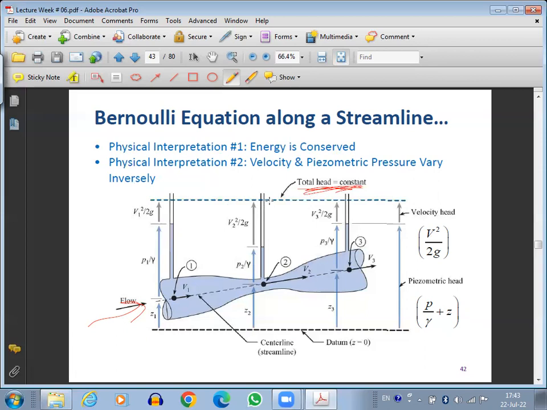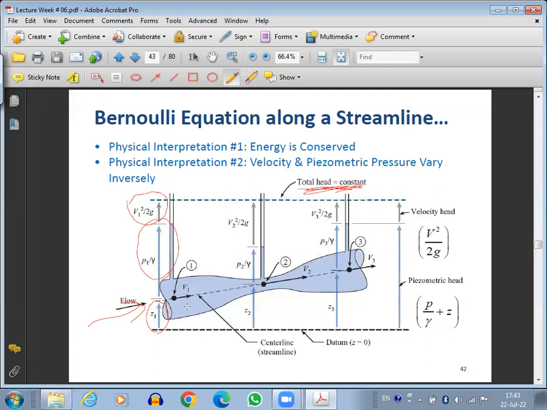This is Bernoulli's equation. Total head is composed of the elevation head, then if I attach a piezometer tube, whatever height the water rises in the piezometer is the hydrostatic head, and based upon the velocity, you have the velocity head. Add these three heads at any point in the flow, and it would be the same.